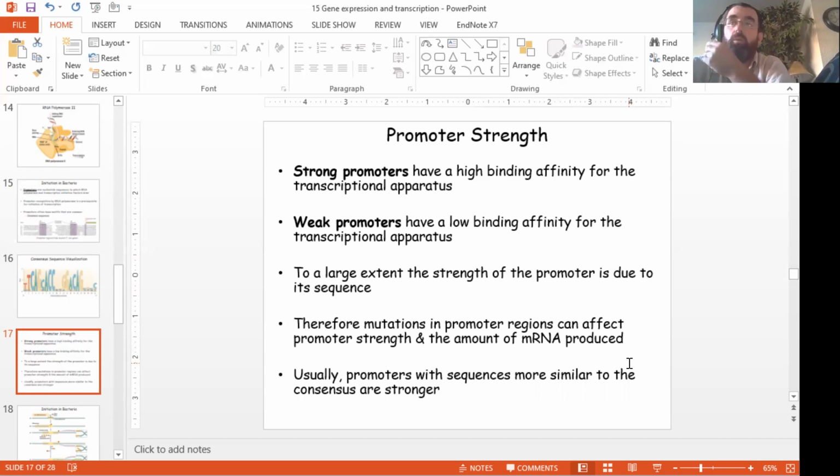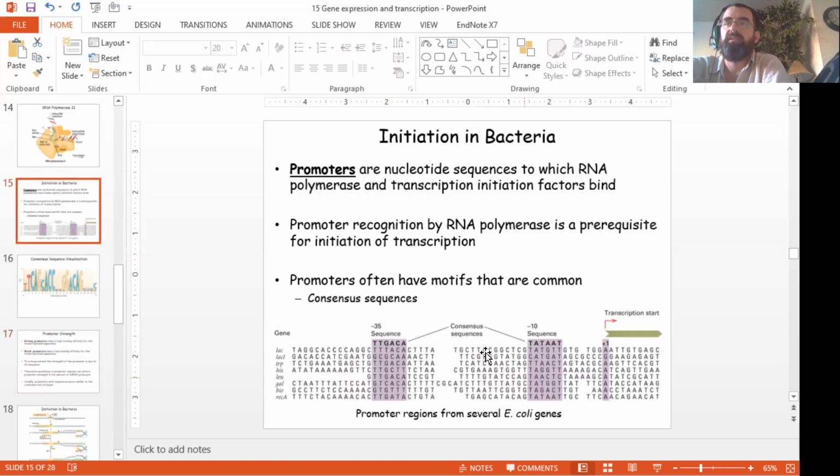Depending on what base is being mutated and what it's being mutated to. But the closer to this consensus sequence you get, typically the stronger that promoter will be. So this one down here, which is the same as the consensus sequence, one would presume would be stronger than, let's see, this one in the middle, right? Which is very different. Well, not very different, but more different than the one at the bottom.